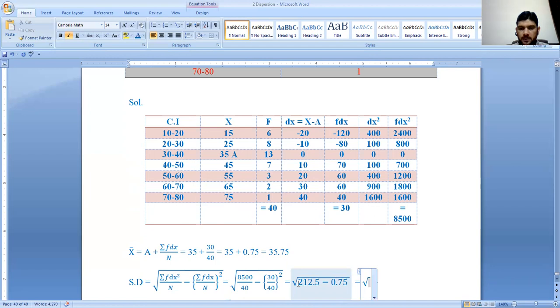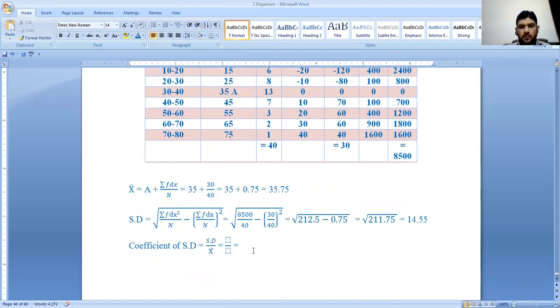Now we have to subtract these values: 212.5 minus 0.75 is equal to 211.75. Now we have to find the root of this term. Root of 211.75 is equal to 14.55.